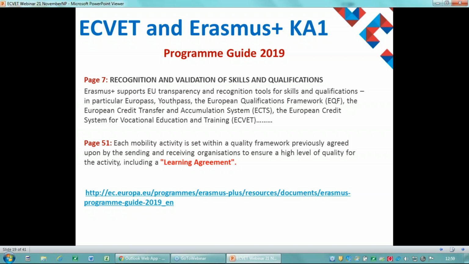But as we've seen from the poll earlier on, there are a number of you who have already used a learning agreement. But it is one of the key documents that must be used if your project is trying to integrate ECVET into its activities. And just at the bottom of that screen there, I have actually put a link to the 2019 programme guide, which is available currently online.